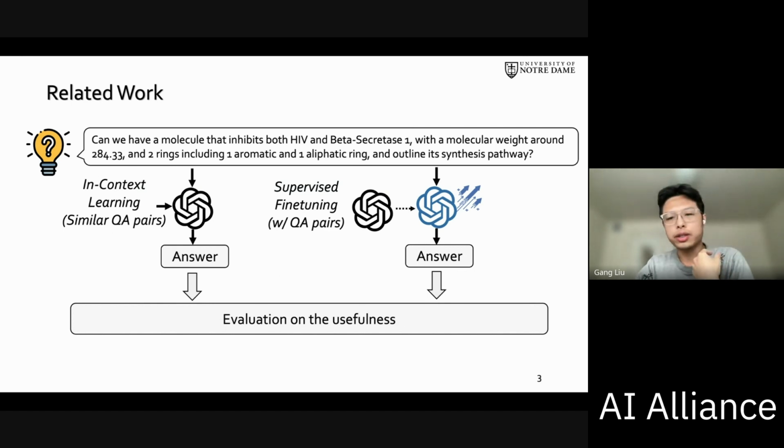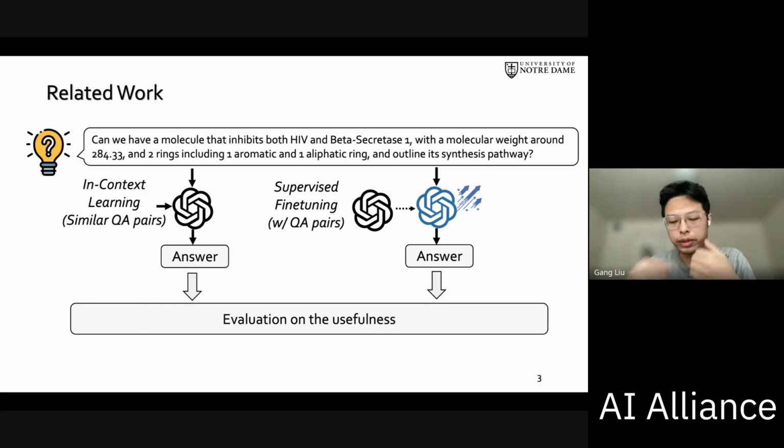Going slightly into details, here we have two ways to ask the language model to give us answers. One is in-context learning, and the other is supervised fine-tuning. In the in-context learning method, usually we add some demonstrations of question and answer pairs, similar to the new question, to the prompt.